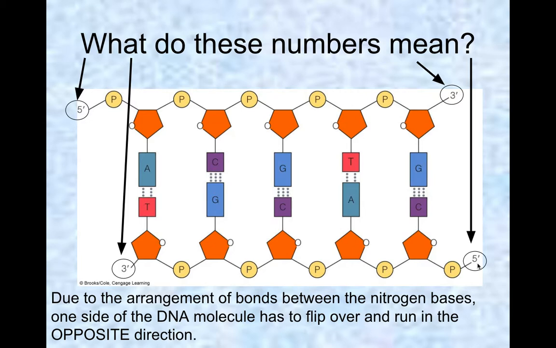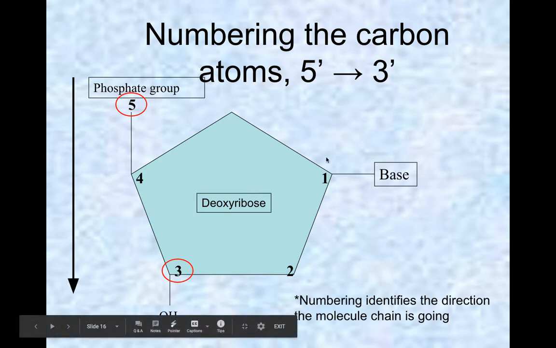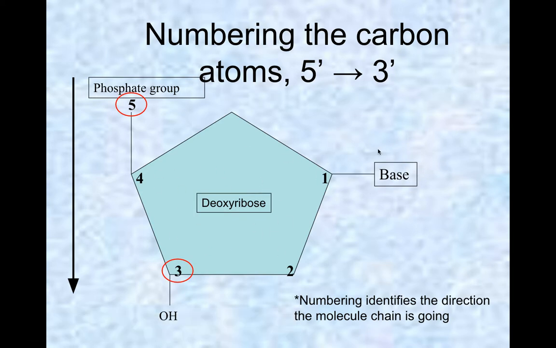So now we know why the nitrogen bases are pointing in the opposite direction. Now let's investigate the how. Those numbers, what they represent is, if you're looking at a nucleotide, in the middle of it we have our sugar group, right? And then coming off of it we have a base, which I've just reduced to the word base here, and the phosphate group as well.